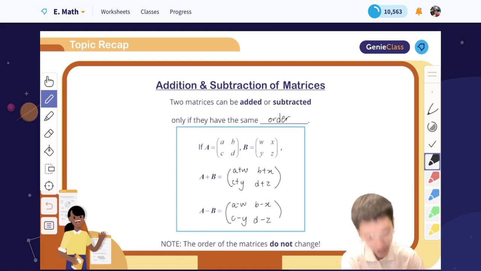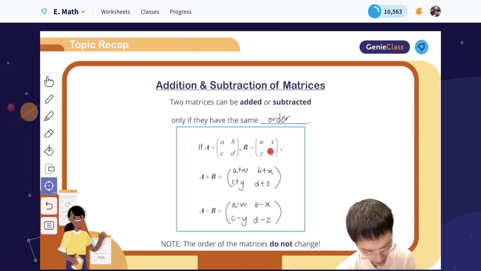So if I add, I add. If I subtract, I subtract. But take note, I only do that at their corresponding positions. So I cannot do, for example, A minus Z or A minus X. No. If it's at the first row, first column, I subtract it relatively at the first row, first column. I add them accordingly as well. So just take note from there.